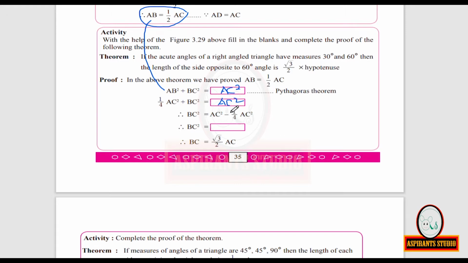Now keep BC square on the same side. Take 1 upon 4 AC square to the other side of the equal to sign. You will get BC square is equal to AC square minus 1 upon 4 AC square.